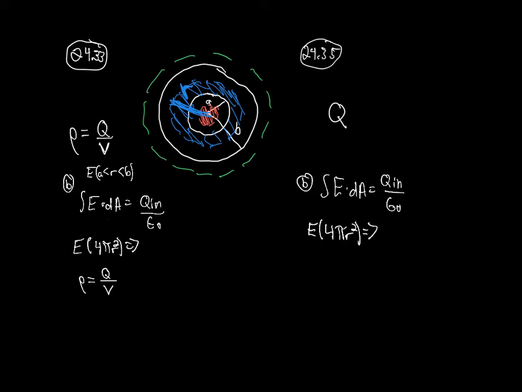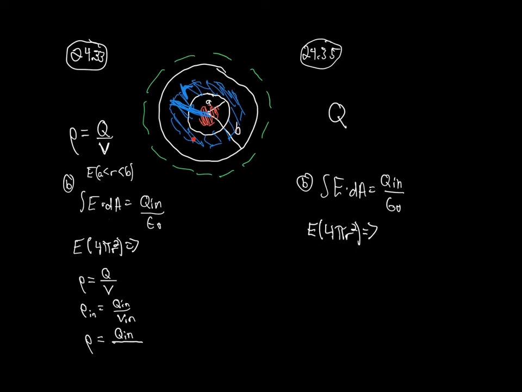Rho is uniform, so it doesn't change no matter where I am. So rho equals Q in, which is what I want to find, divided by the volume that's enclosed. The volume enclosed is just this blue shell.